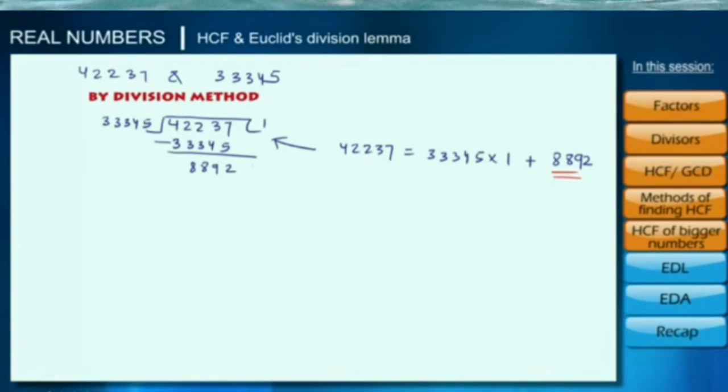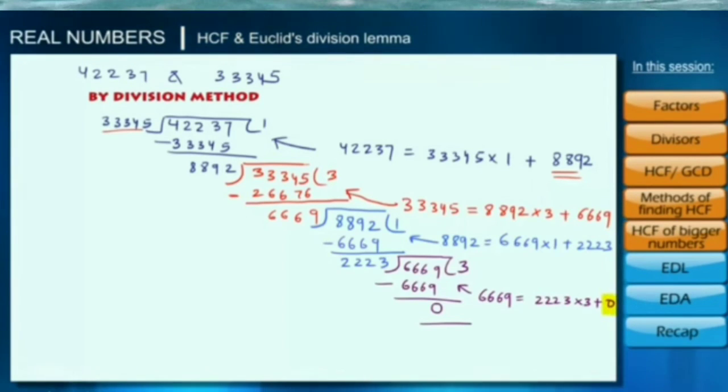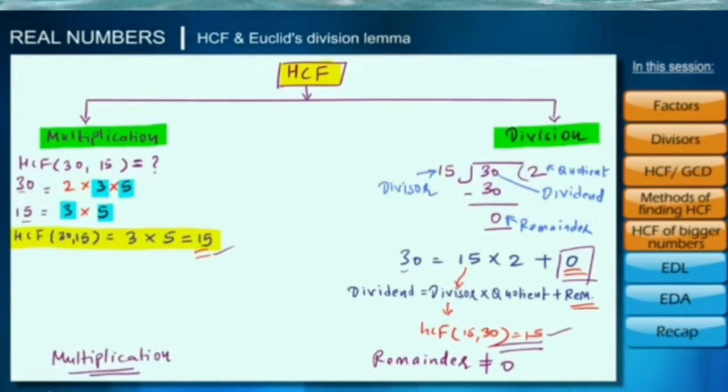So again that remainder becomes the divisor, and the divisor of the previous step goes to the dividend, and again divide. We repeat this procedure until we get the remainder as 0. As we got the remainder 0, here 2223 is the highest common divisor.